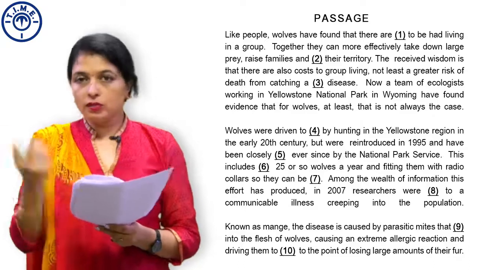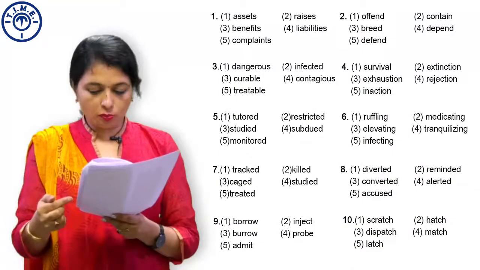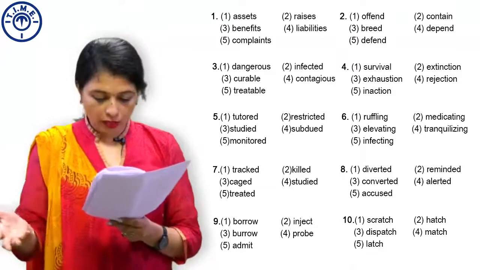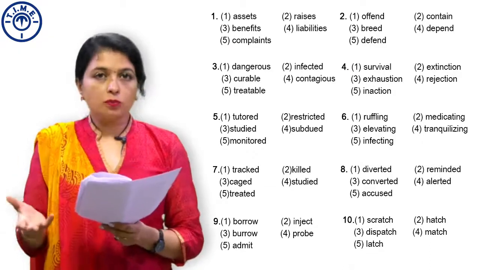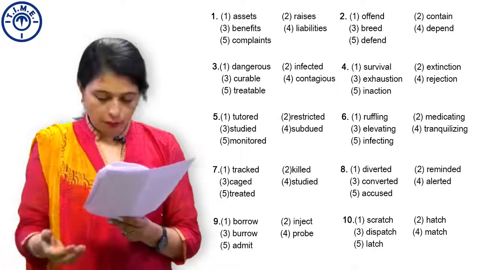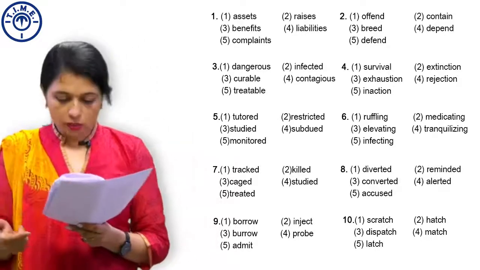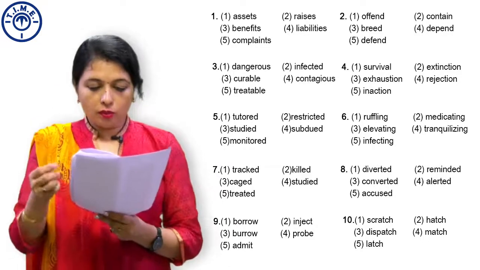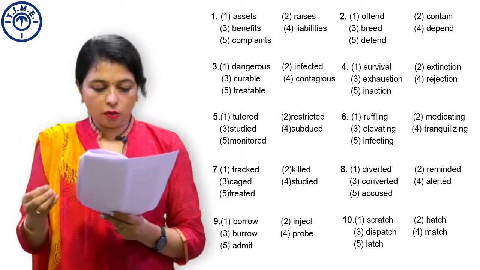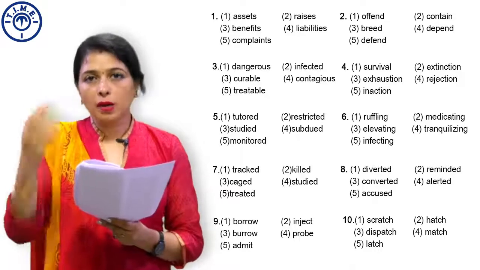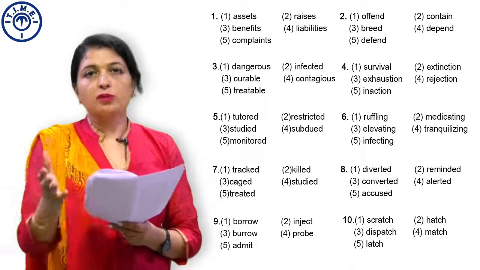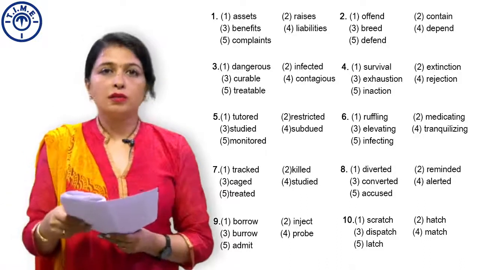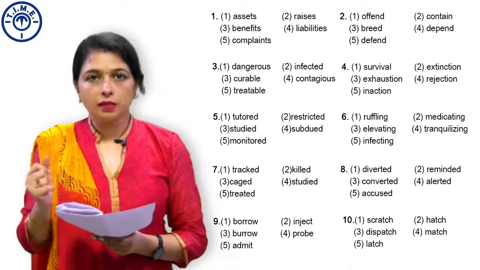So, we have the word scratch given to us in the very first option. It cannot be hatch, because we use hatch only in the context of eggs. Dispatch, of course, is in the context of posting or sending something. Match is absurd, and latch also doesn't make any sense. So, probably it scratched its ear, or some part of its body which was affected by the organism, and it resulted in that part being devoid of fur, which is the idea intended.